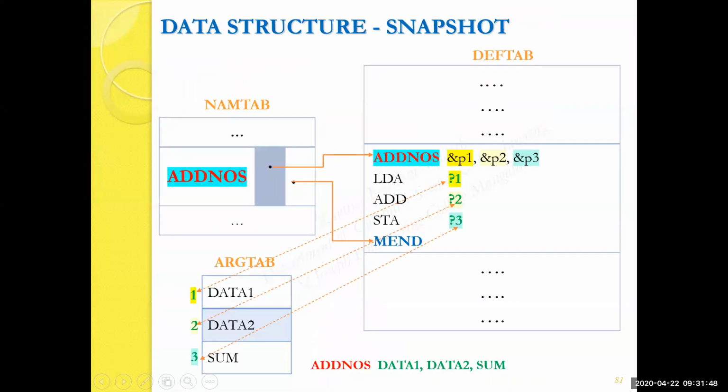So I have indicated it clearly here. While we save the definition, we have used positional notation. When a macro call is encountered, the argument table is set up in the order of the position of arguments. So this allows the macro add numbers data1, data2, sum to be replaced with a set of statements LDA, add, STA, with ?1 replaced with data1, ?2 replaced with data2, and ?3 replaced with sum.